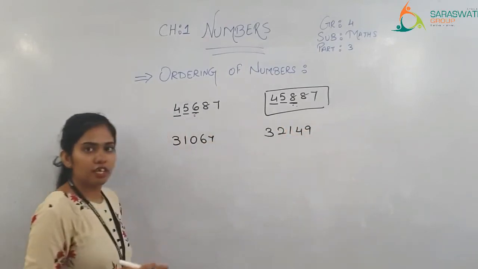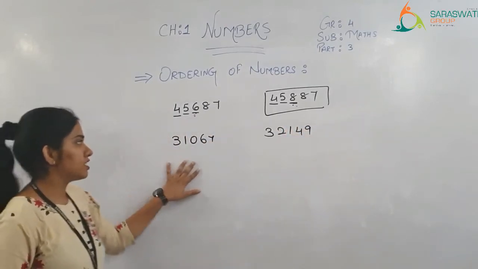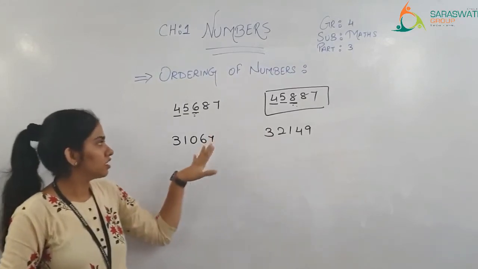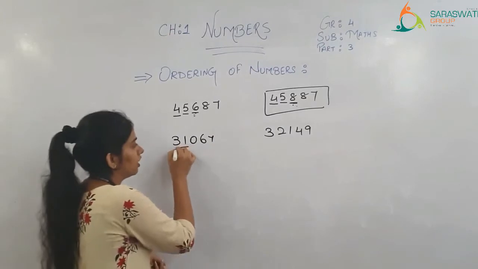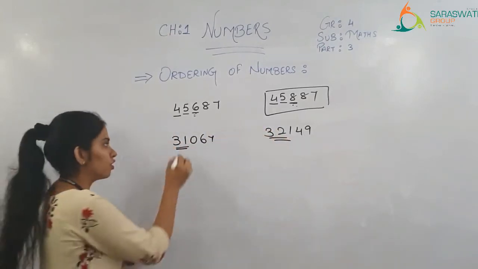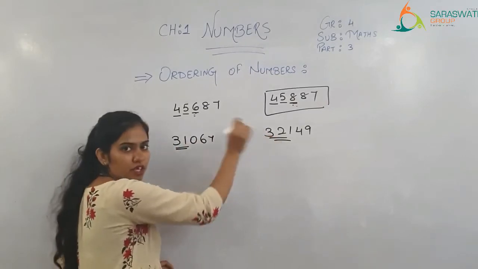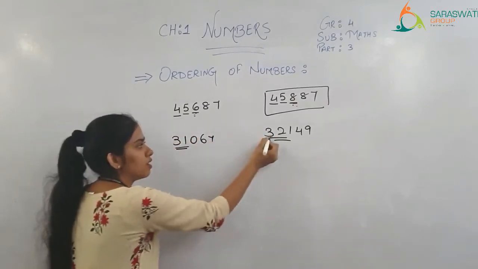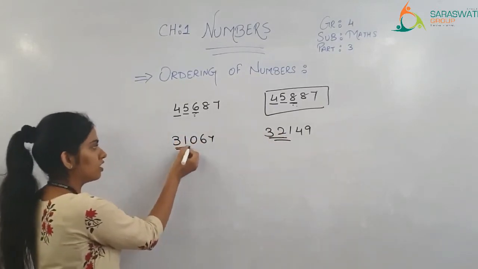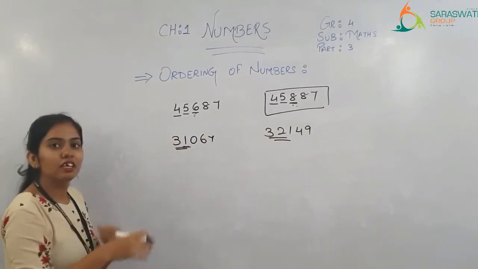32149. Right? Now you can see over here. By reading this only you will come to know that here it is 31 and here it is 32. So 3 is same. So when the first value is same, you have to move forward to the next value. And over here the value is getting different.